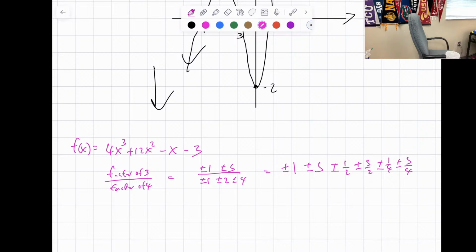One odd and one even, it would start up here and go down. If it's like negative 1, x, it's opposite. And then if it's like x squared or positive and even, it's like this thing.